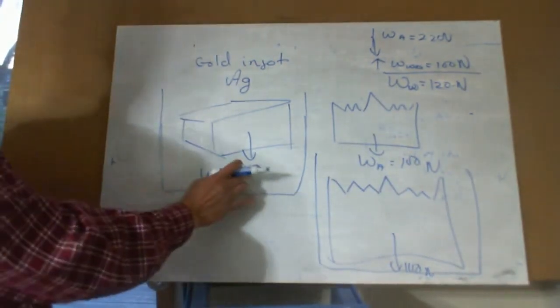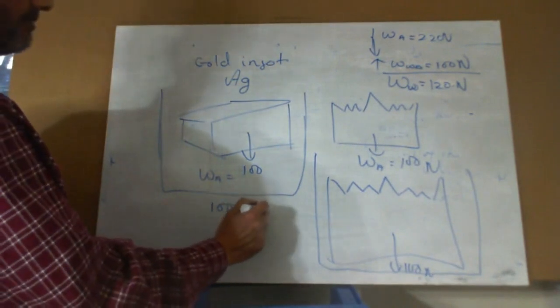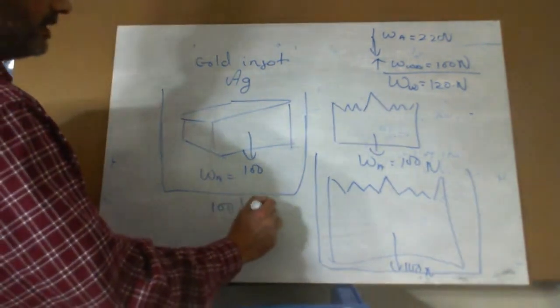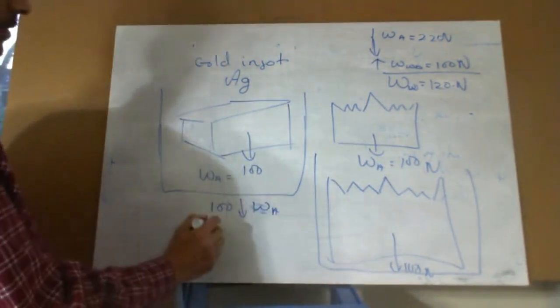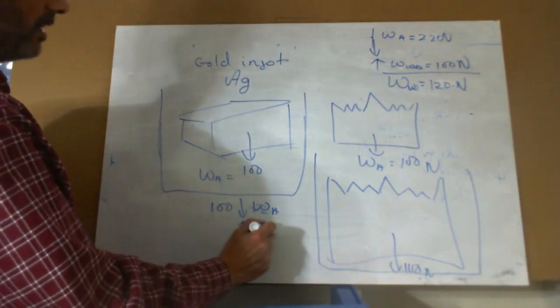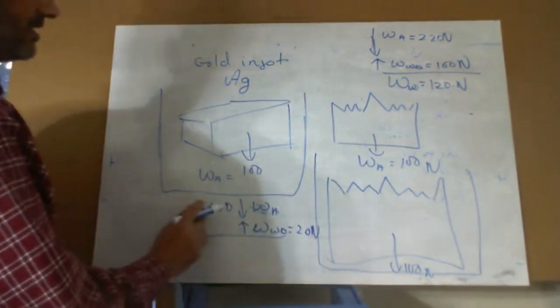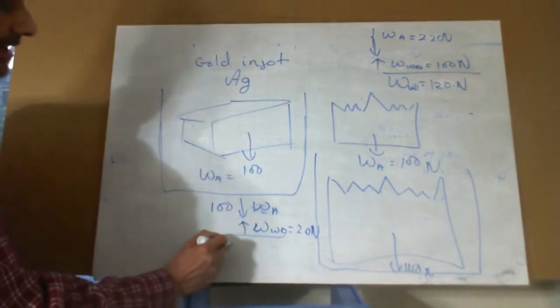So for example, let's say here the weight in air is 100 newtons, and let's say it pushes aside 20 newtons of water. So the weight of the water pushed aside is 20 newtons. So what is the weight of this? This would be 80 newtons, right?